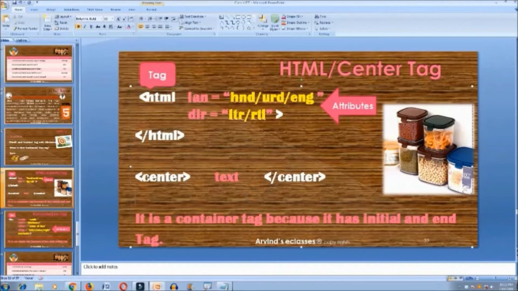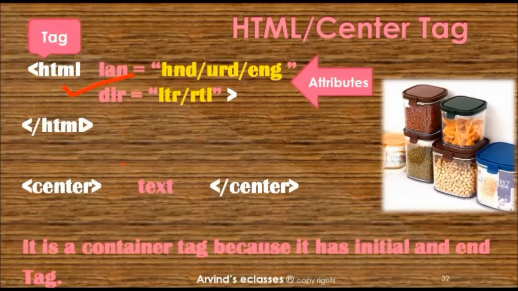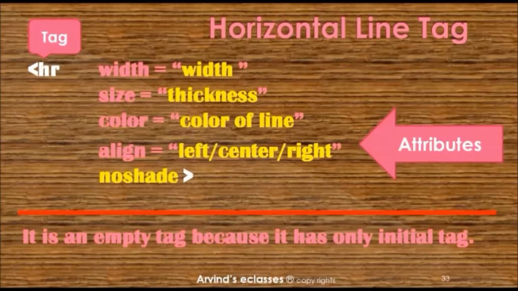So just now we discussed the HTML tag and the center tag. Okay, move to the next slide. Next is the horizontal line, that stands for HR, and the horizontal line has around 5 attributes that we will discuss one by one.